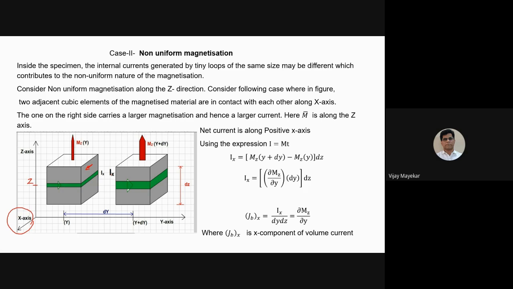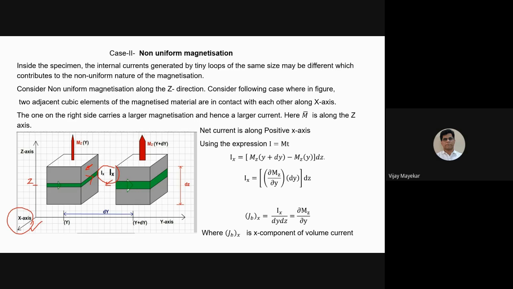Here the direction of the current is along this direction. When we consider this particular chunk, the direction of the current is this, and this capital Ix for the right hand side chunk is larger than that on the left hand side. So when we consider the net current, it is along the positive x-axis direction. We write this net current in terms of the difference in M multiplied by dz.